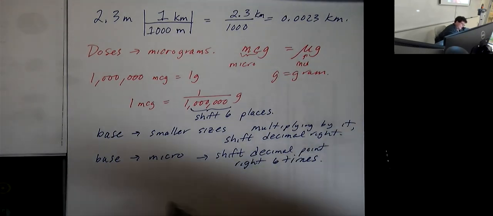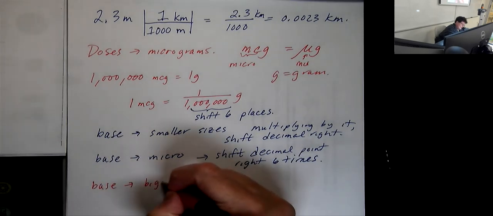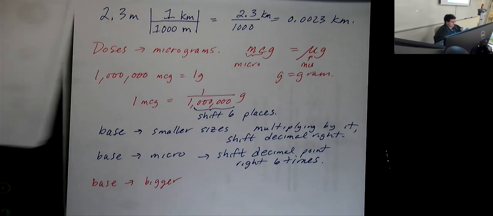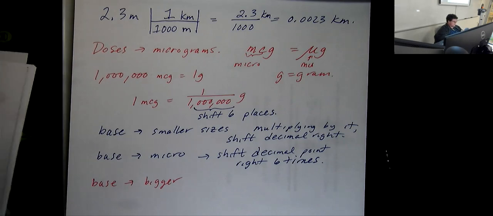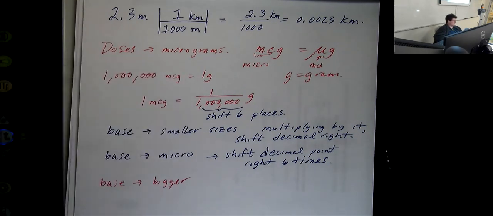If you want to go to the bigger sizes, like kilometer or something like that, giga, you'll see on the metric prefix list, there's mega, giga, tera. If you've ever looked at computer stuff, that should sound familiar. Megabytes, gigabytes, terabytes, they do it off that same numbering system.